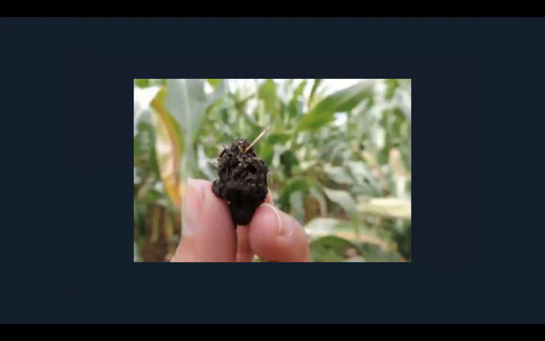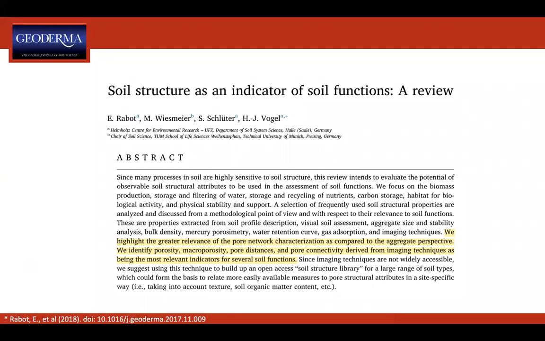Here's, again, a nice visual example of an aggregate. And again, I did mention this slide earlier as well. These are very relevant topics to all three of these themes. I mentioned the importance of not just soil structure and the aggregation, but we talked about this one in the context of how important the porosity of the soil is. Yes, it's about pulling soil particles together, but with that, we create porosity.